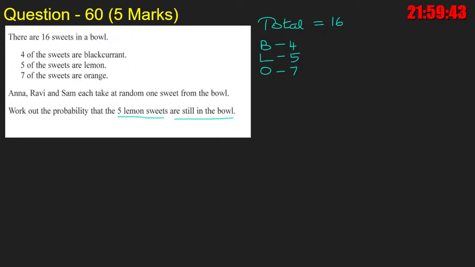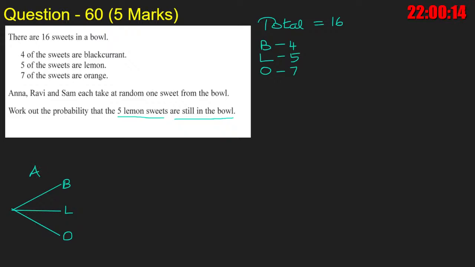So for that particular branch in a tree diagram, for example, I will roughly draw the tree diagram. So this is the 3-way possibility. 3-way, why am I putting 3-way? It could be blackcurrant, lemon or orange, right? So that is Anna's turn, taking the sweet.